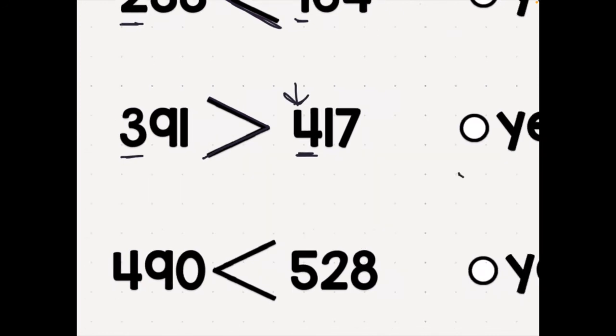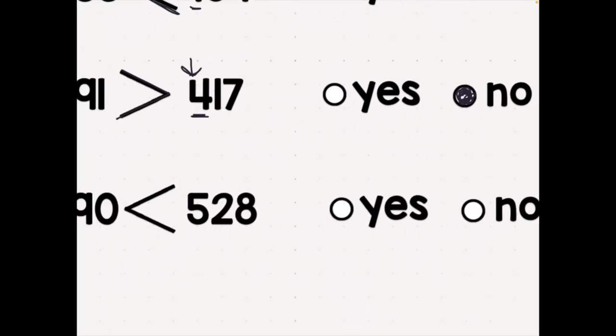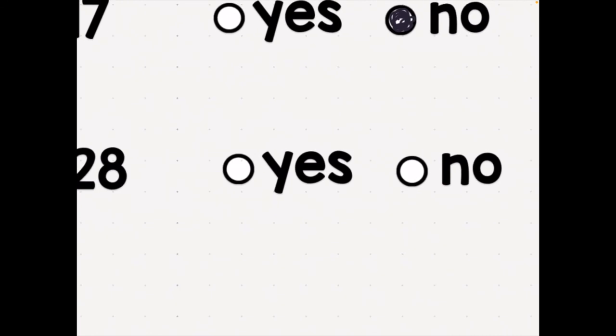So is this one true? No. Again, you can't eat the small number. You have to eat the big number. Okay. 400s, 500s, and the sign is eating 500s. And 500s is more than 400s. So is this one true? Yes, this one's true because you have to eat the big number.